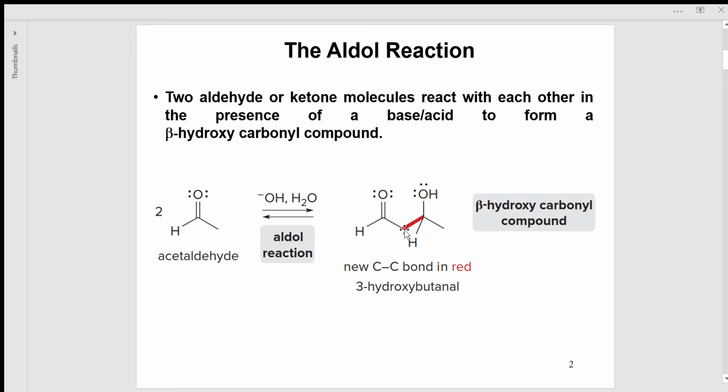So the first carbon is considered the alpha carbon. The second carbon is considered the beta carbon. Since the hydroxyl group is attached here, we consider this a beta hydroxyl aldehyde. So this is just a reactant and a product.